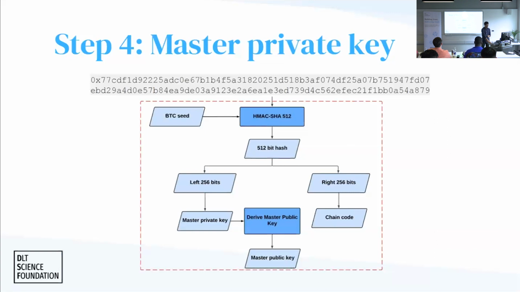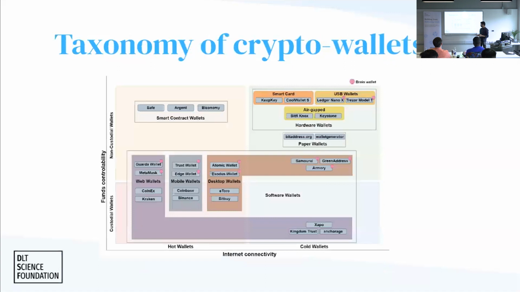So then we can check on our taxonomy. So these are the different types of wallets that are in existence. First we divided them based on funds controllability, that is custodial and non-custodial, and then internet connectivity, that is hot and cold. So there have been overlaps to enhance the security.